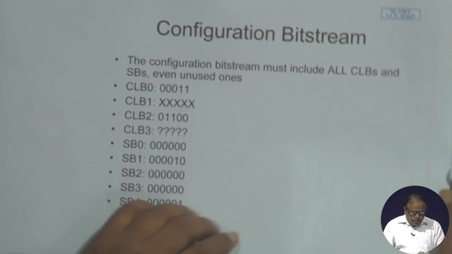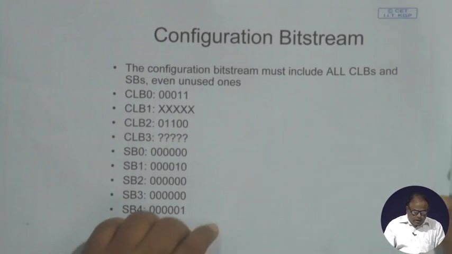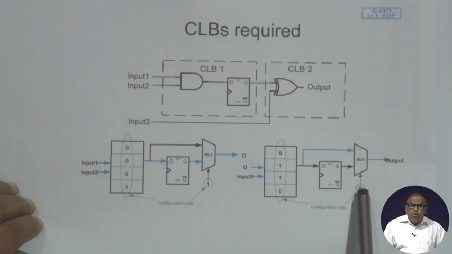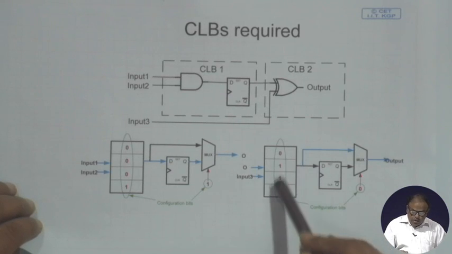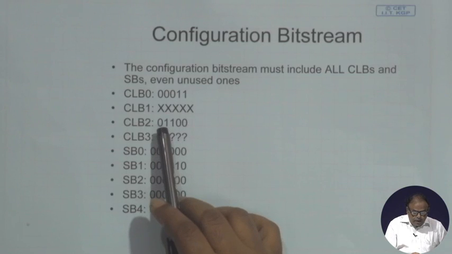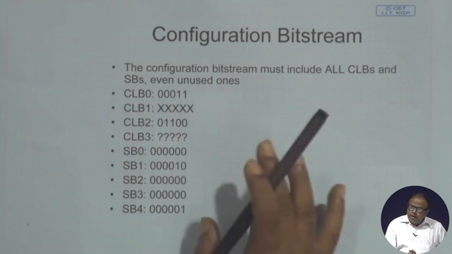Now, for CLB2, I wanted the multiplexer control to be 0 and 0, 1, 1, 0 to be the lookup table inputs. Accordingly, CLB2 gets 0, 1, 1, 0 and 0 for the multiplexer, fine.